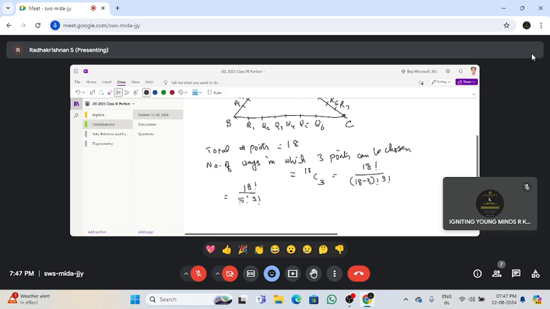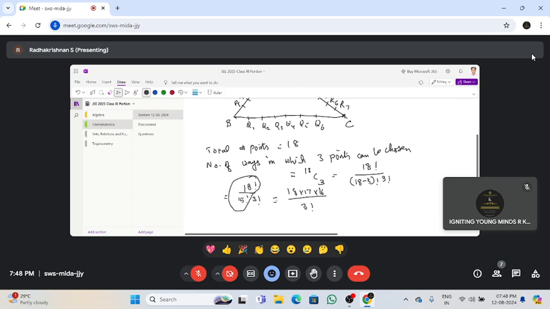And this 18 factorial by 15 factorial means the product of all the numbers from 1 to 18 divided by the product of all the numbers from 1 to 15. So when you divide 18 factorial by 15 factorial, what will remain is only 18, 17 and 16, because 1 to 15 will get cancelled out.